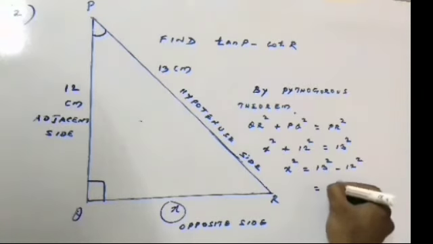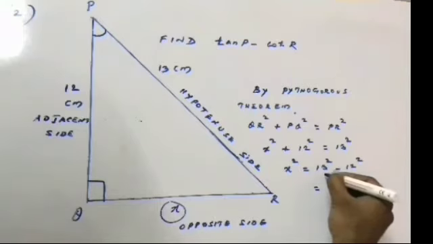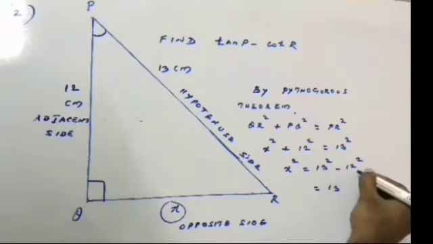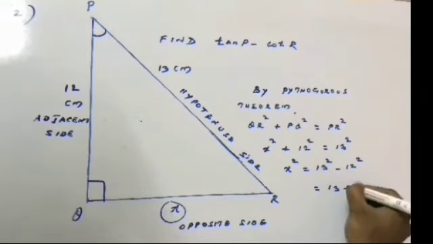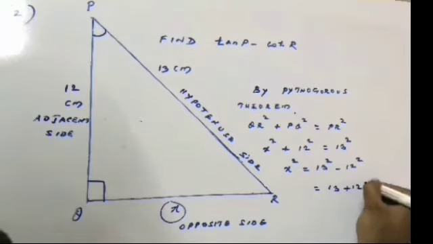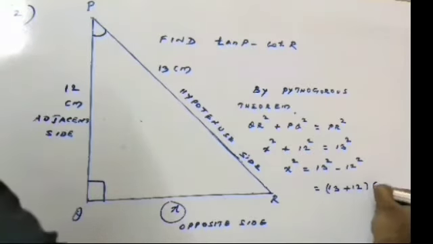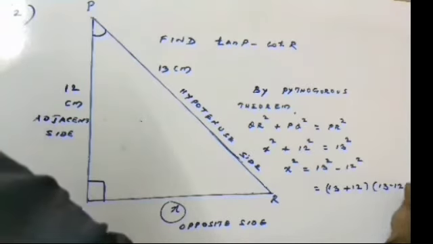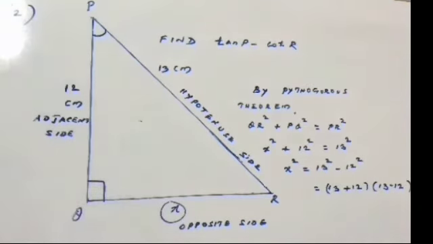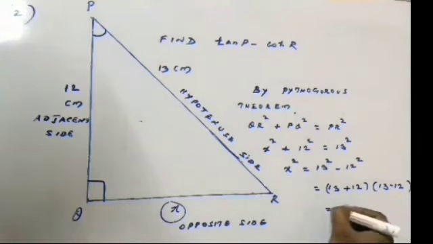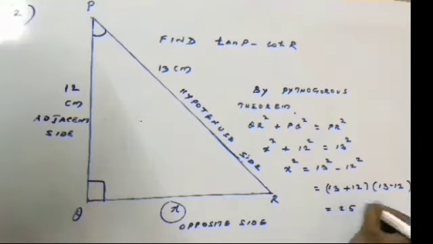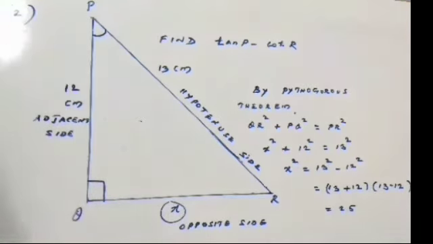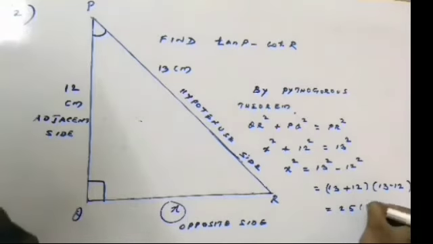Like that here, 13 plus 12. Consider this is a and this is b. A plus b, 13 plus 12. A minus b, that is 13 minus 12. A plus b, that is 13 plus 12 gives 25. 13 minus 12 gives 1.